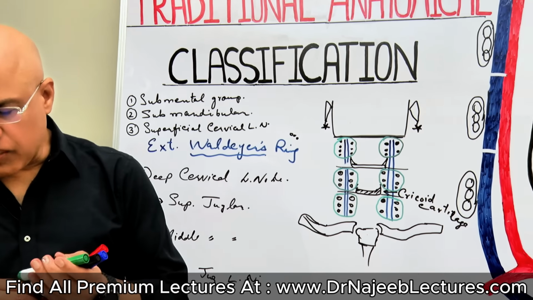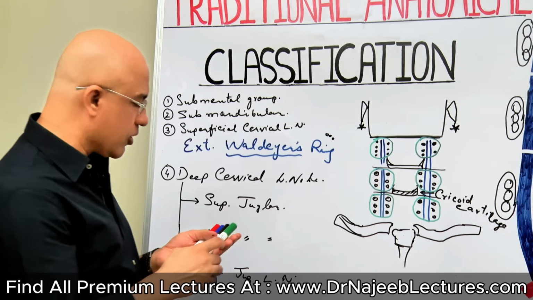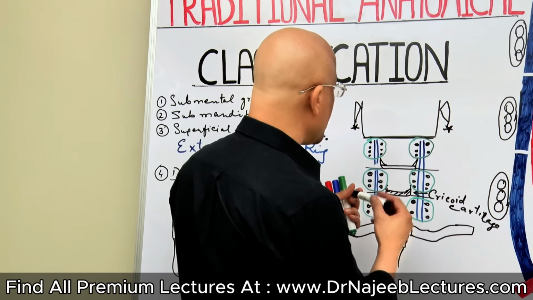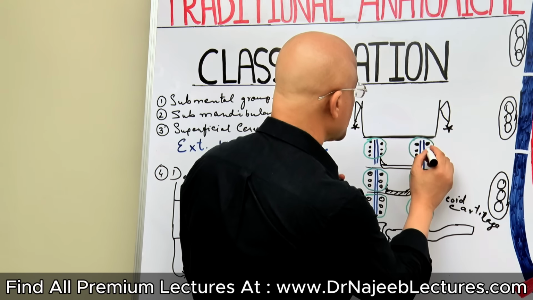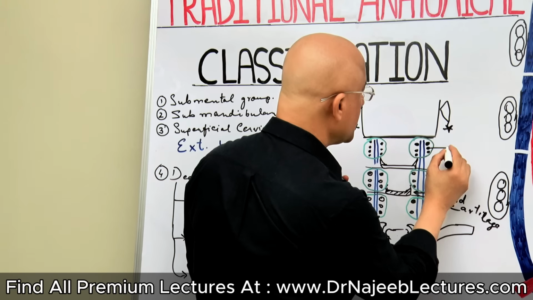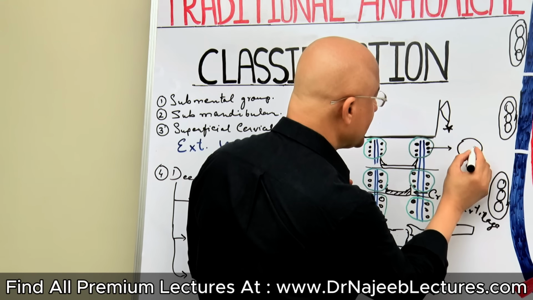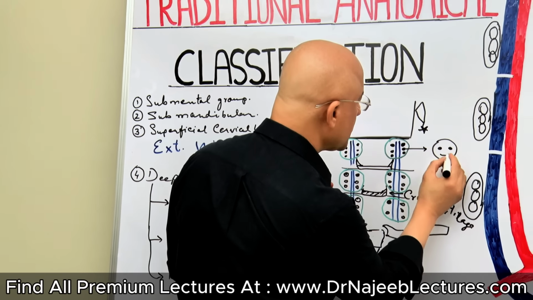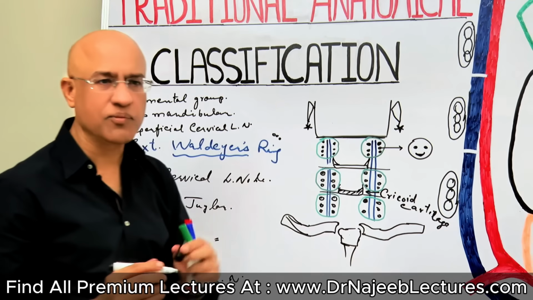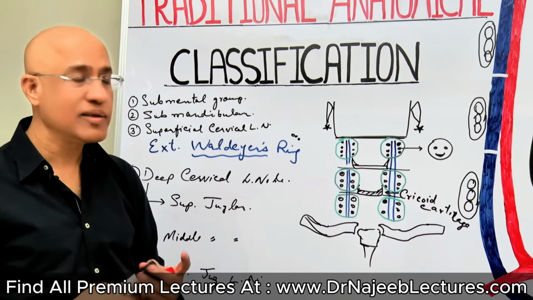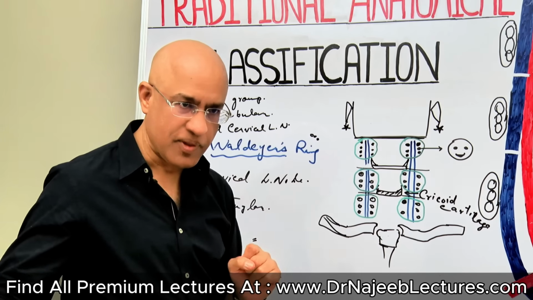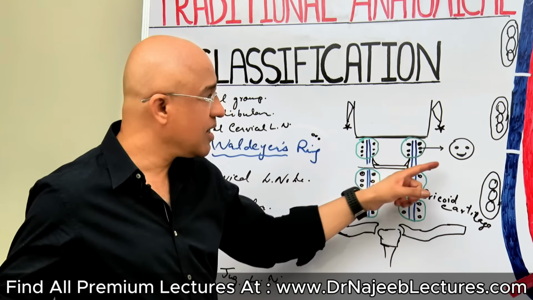One important point which I want to highlight: in the upper jugular group, there is one lymph node which is very important that you should know. I'm bringing it out. You know why this lymph node is so happy? There must be a reason for that. Because it has a special name and it has a special importance.